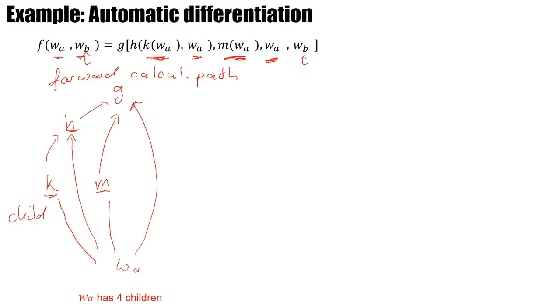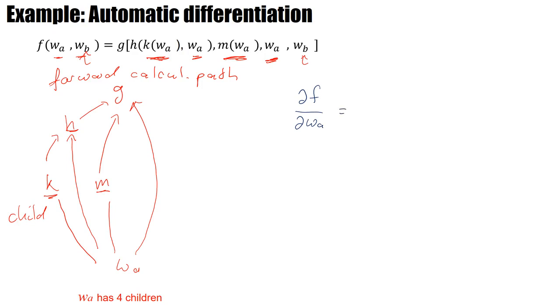Now let's try to calculate the gradient with respect to this weight WA. Well, let's just apply the chain rule.